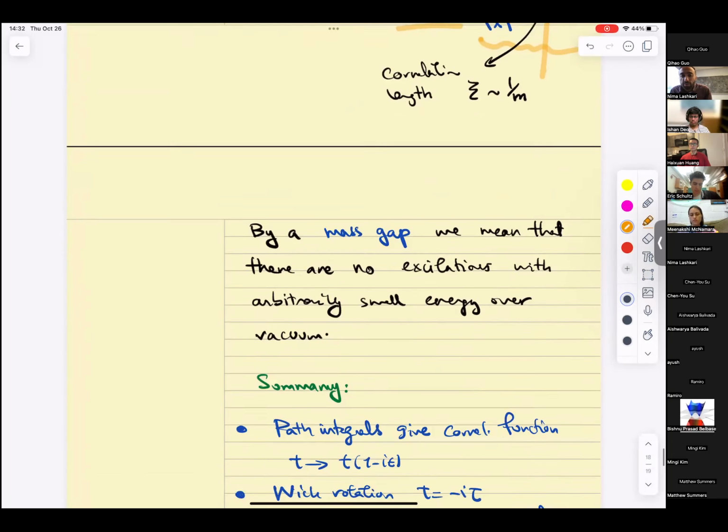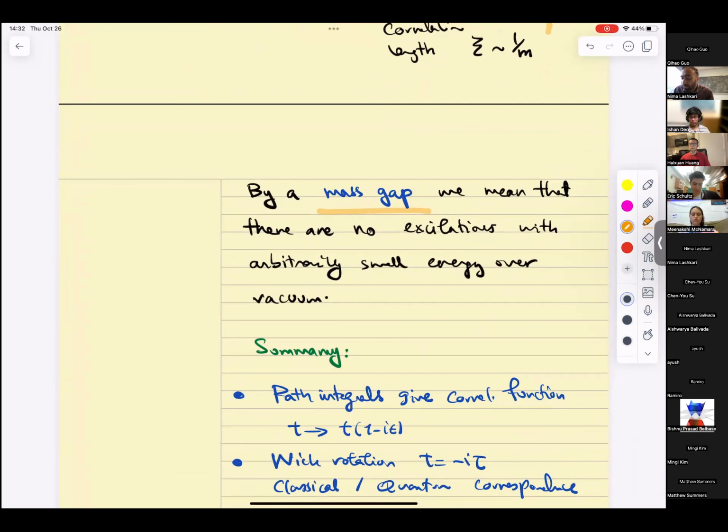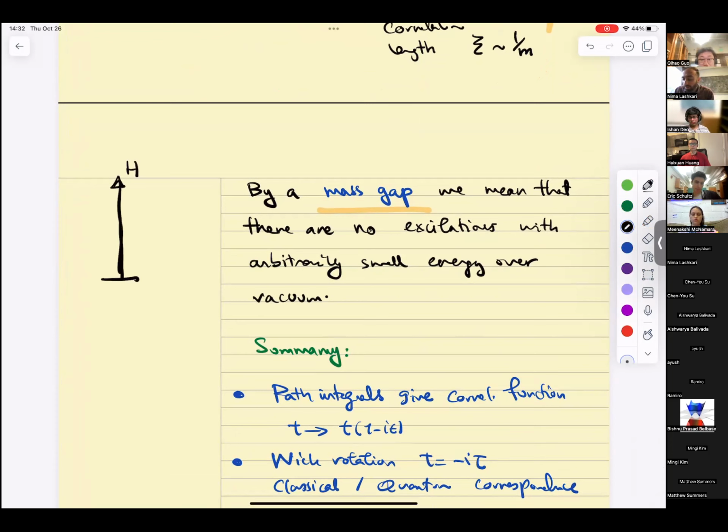One more piece of terminology that I want to mention is called a mass gap. You might hear this a lot in physics. A mass gap is when you take your Hamiltonian and look at its spectrum. We said that we normalize the spectrum of the Hamiltonian so that the vacuum has energy 0. In physics, we often want the vacuum to be unique, except in part 2 of this course, where we'll have spontaneous symmetry breaking, the manifold of vacua, or topological theories. That's another example. But in all the theories of interest that we're talking about, the vacuum is unique.